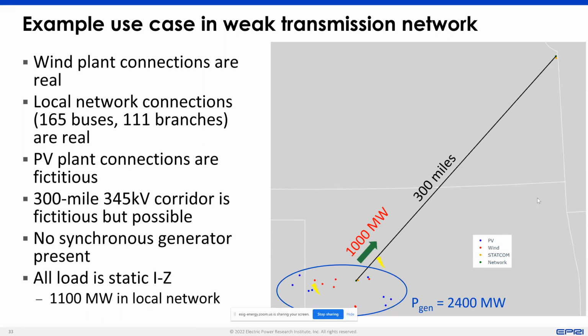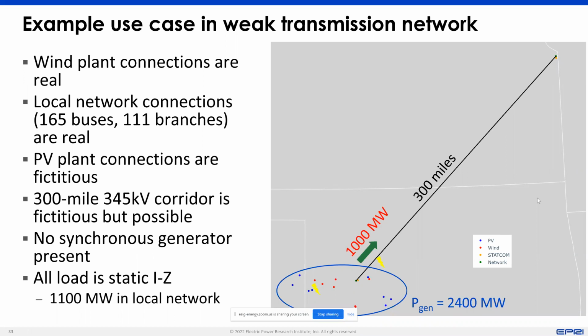So originally, there are wind plant connections in that system, and we increased the number of inverter-based resources in that pocket with adding more PV plants into that system. And then to showcase the fact that you're going to have long power transfers, you might start having resources located far away from load and you have to transfer power, we constructed a fictitious 300-mile long transmission line to a load center located right on the top here.